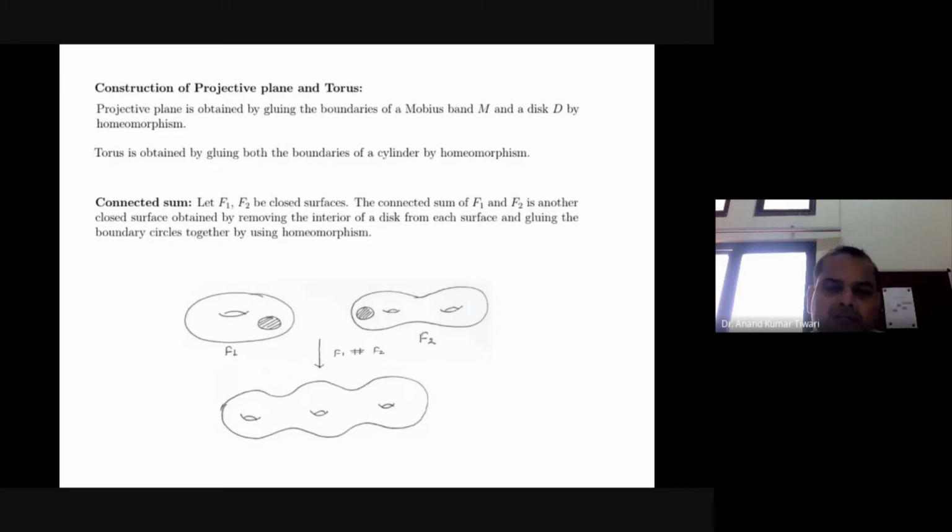Now with the help of the projective plane and torus, we can construct several closed surfaces. For that, we need one operation called connected sum.